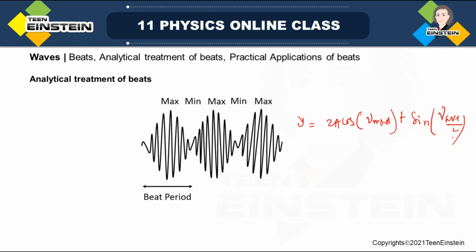So this average frequency is the frequency of the rapidly varying part, and the envelope, as I was showing you, has the frequency (nu1 minus nu2)/2, which is called mode. So we have learned two things: mode and average frequency.